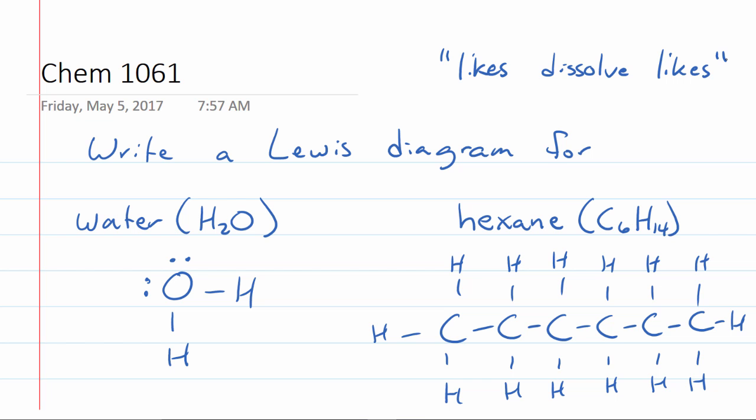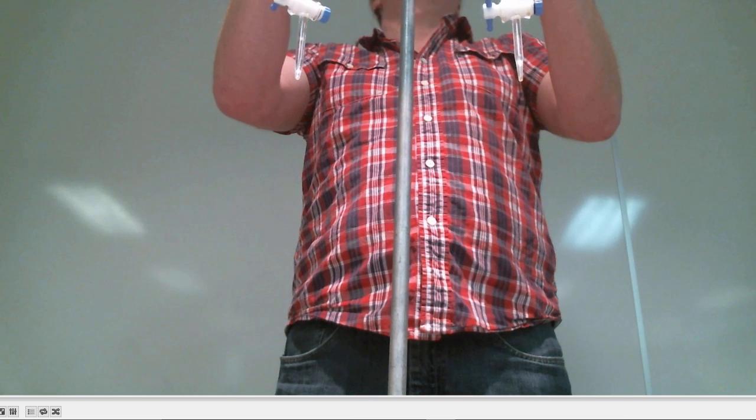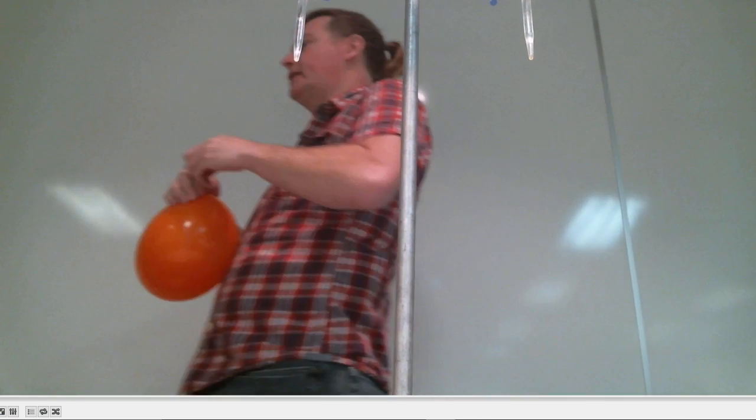So what I have up here is a couple of burettes, and into the burettes I have placed some water and some hexane. And what I'm going to do with these is take a balloon and rub this balloon in my hair.